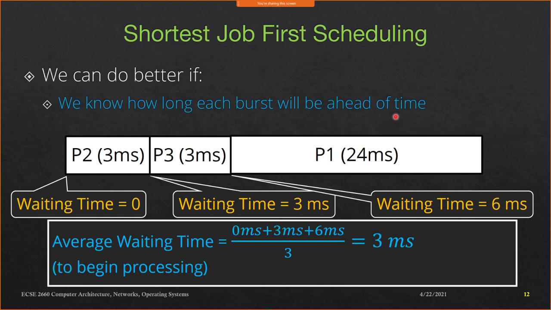Now, shortest job first scheduling is also non-preemptive. For example, we are not kicking any process out, right? So for example, if P2 came first and then suppose P3 comes in second, and it is higher priority, maybe we are not kicking P2 out.